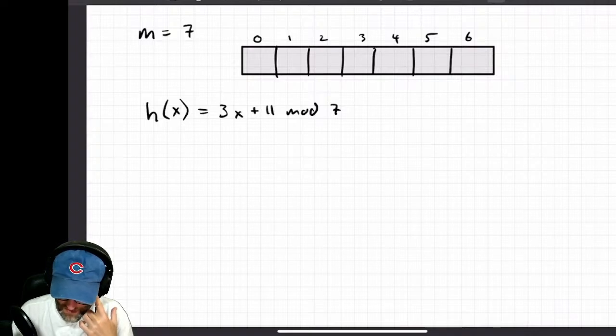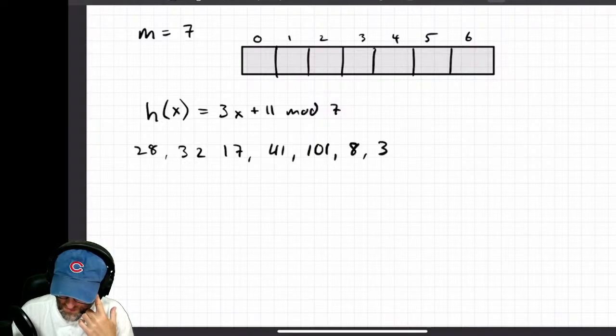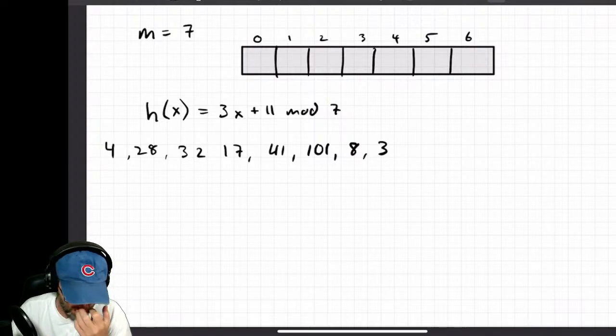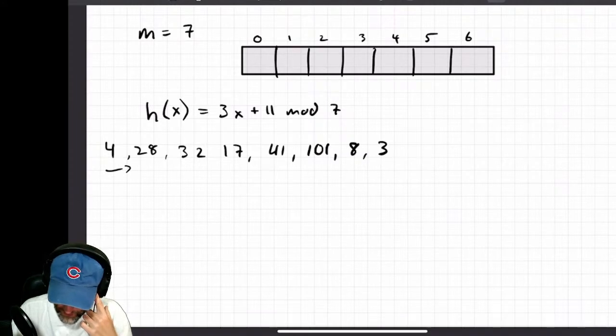So let's go ahead and just make up some random numbers here. 28, 32, 17, 41, 101, 8, 3. Okay, and I'm going to add a 4 over here to start out with. Let's insert these in sequence. So what is the hash value of 4?